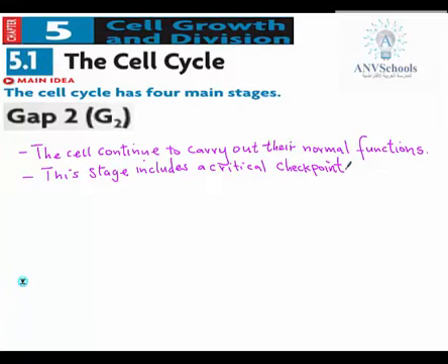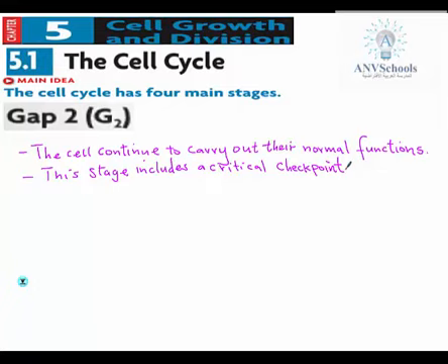Normally, everything must be in order or adequate for the cell to enter into mitosis. So the cell must be adequate in size. The DNA should not be damaged and such stuff before the cell goes through mitosis and division.